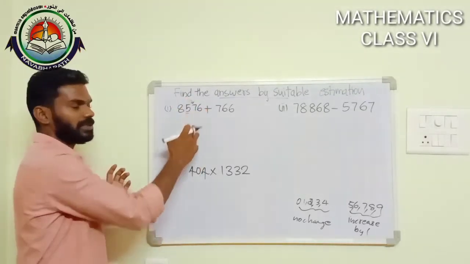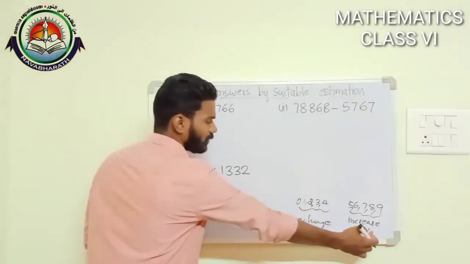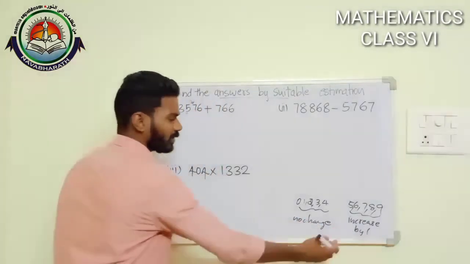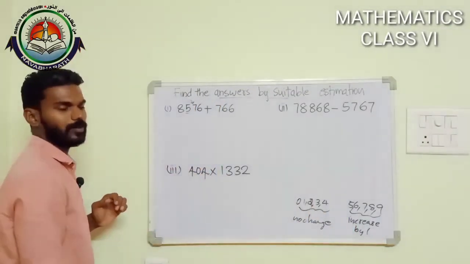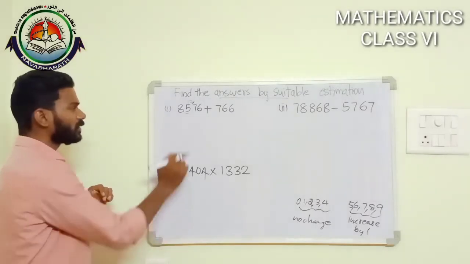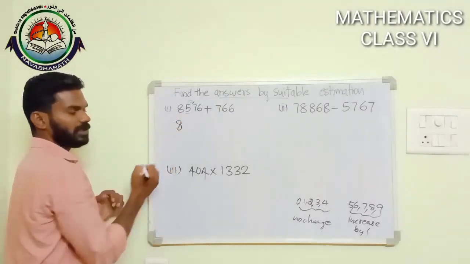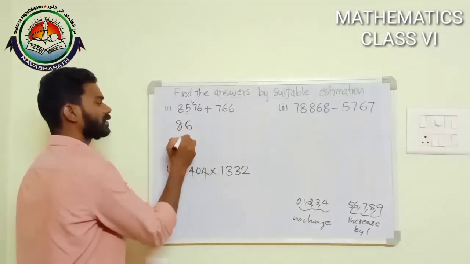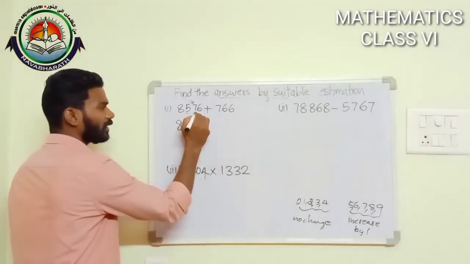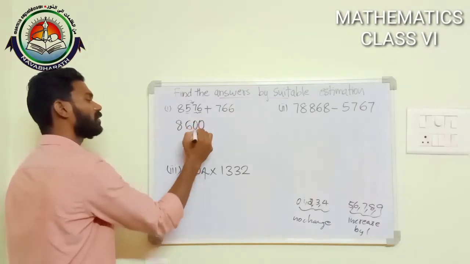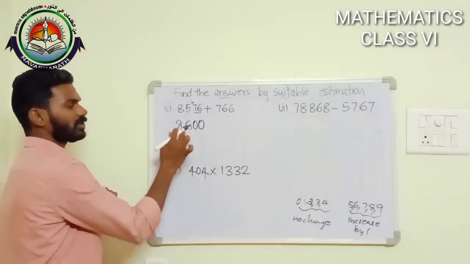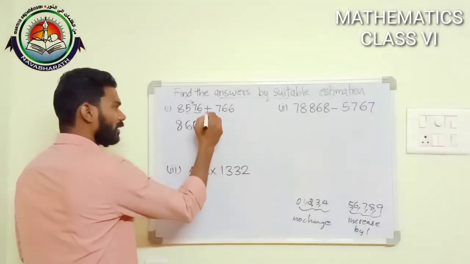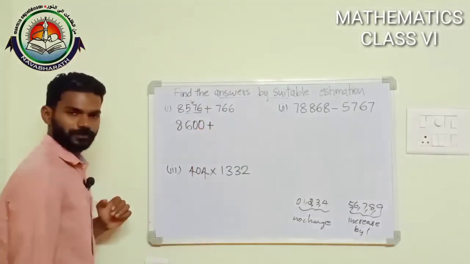It is 7. And 7 belongs to this group. So 5 must be increased by 1. So first we write 8. Then this 5 would now become 6. Thereafter the remaining digits can be zeros. So 8600.